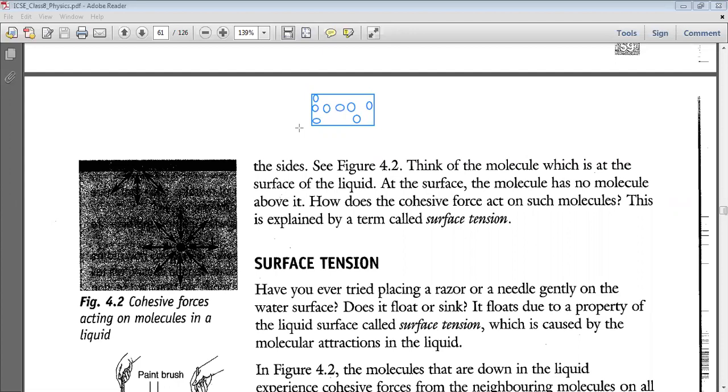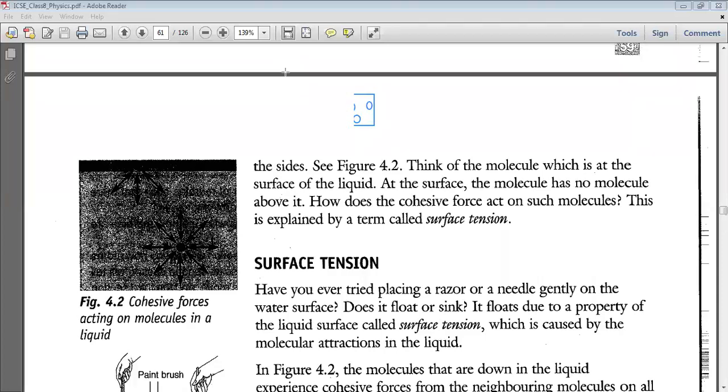But the molecules which are at the side over here do not get attracted. এটা কিন্তু অ্যাট্রাক্টেড হয় না, বিকজ এই মলিকিউলের পাশে কিন্তু কোনো মলিকিউল নেই. এই মলিকিউলের একদিকে মলিকিউল আছে, এখানে আছে, এখানে আছে, কিন্তু এদিকে কোনো মলিকিউল নেই, বিকজ দ্য সারফেস এন্ডস ওভার হিয়ার.